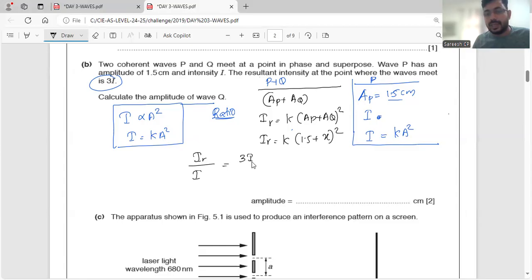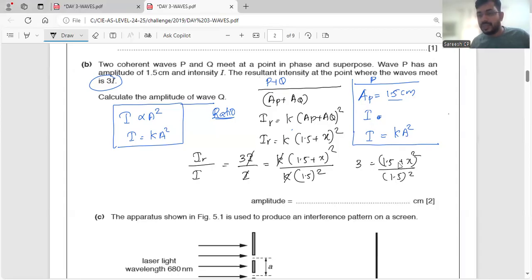So 3I by I equals K times (1.5 plus X) all square divided by the old one, K times 1.5 all square. I and I get cancelled, K and K get cancelled. So I can write 3 equals (1.5 plus X) all square divided by 1.5 all square.